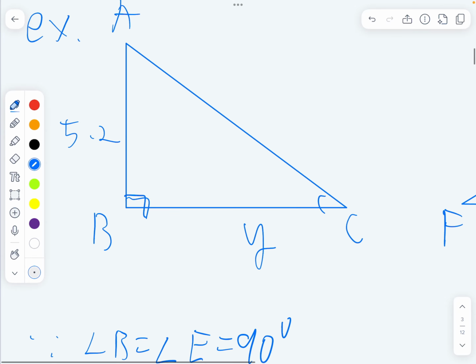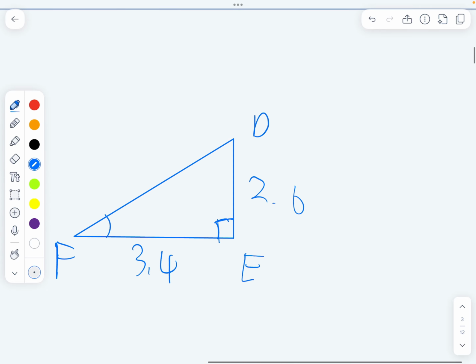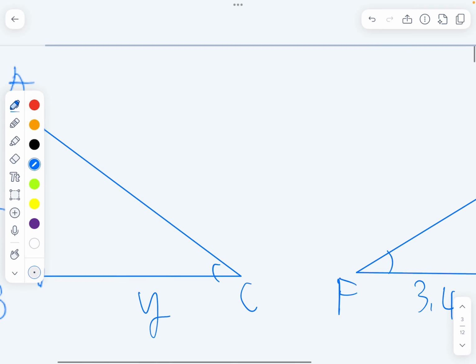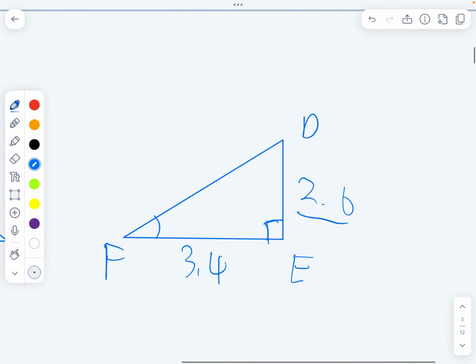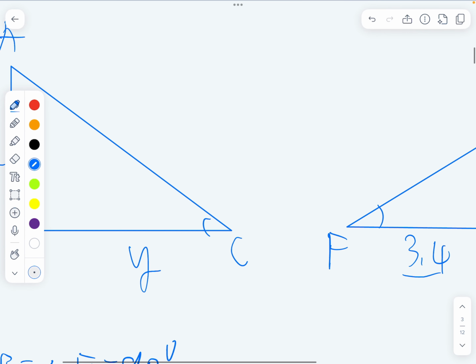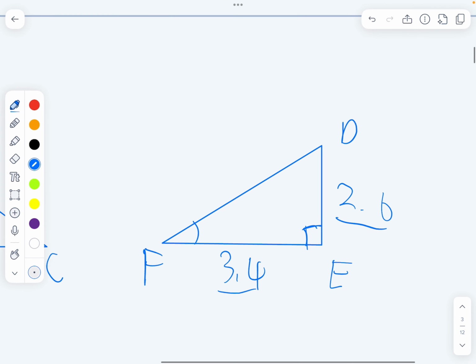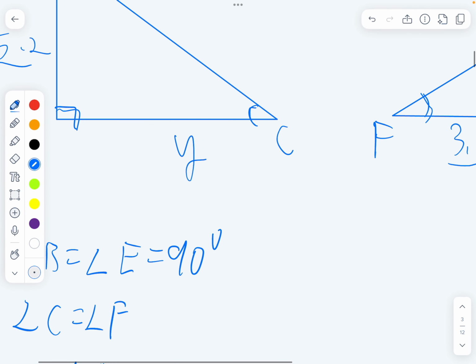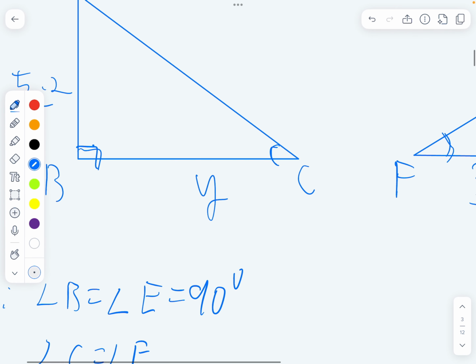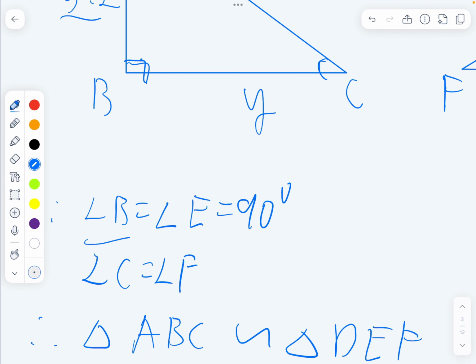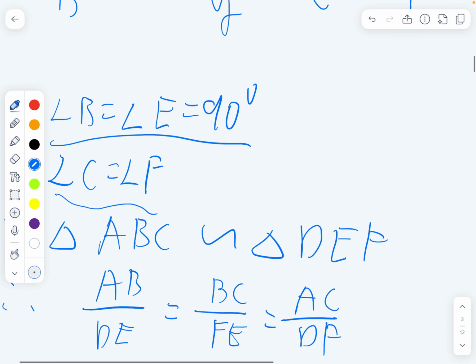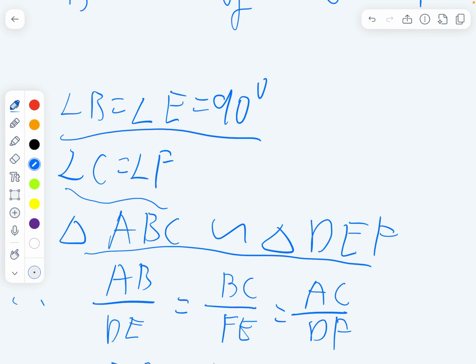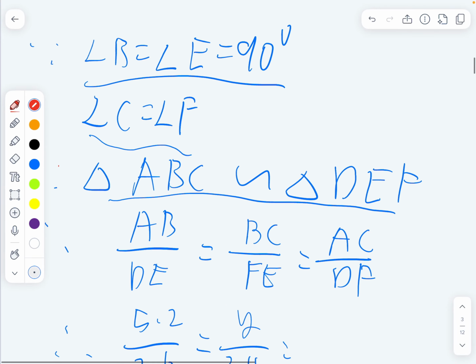So we have AB equal to 5, AC equal to 5.2, DE equal to 2.6, and DF equal to 3.4, and we can also get that the two angles are the same, angle C equal to angle F. We can use the two-angle condition, since B equal to E equal to 90 degrees and C equal to F, so we can directly get two similar right triangles.